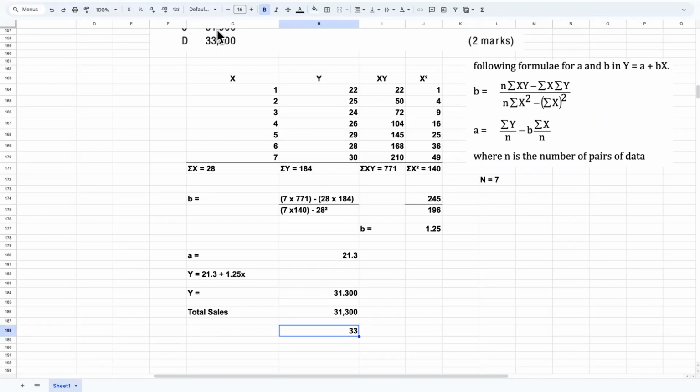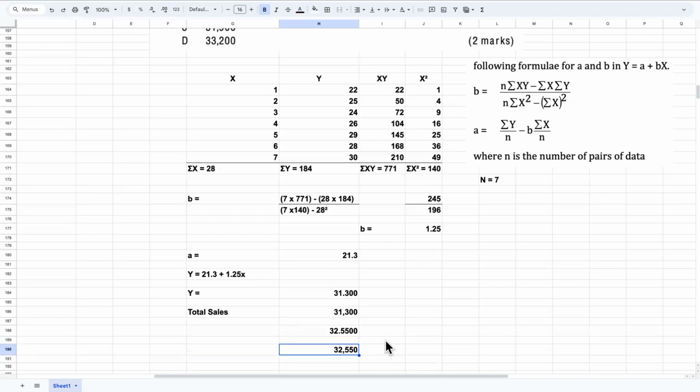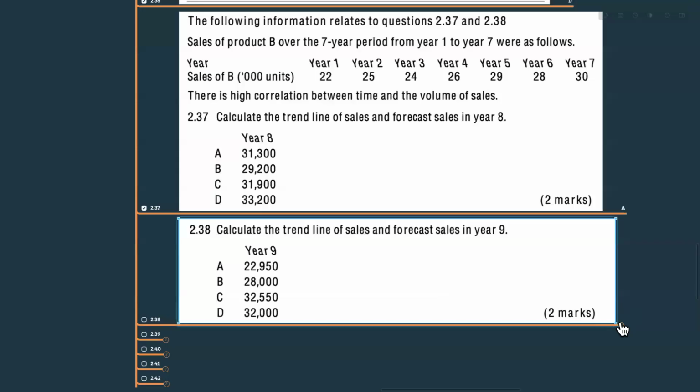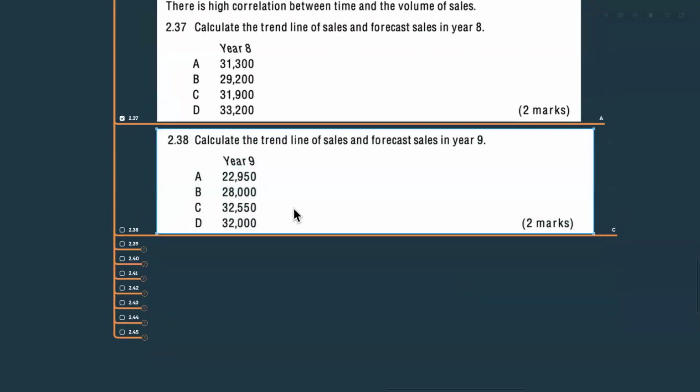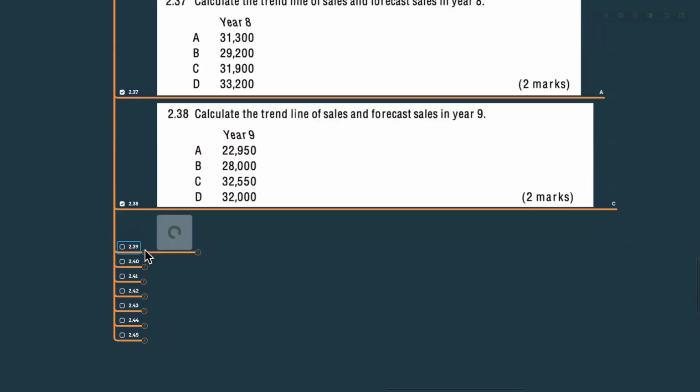Then we will get this number, right? 32.550 times 1000, 32,550. So the answer is going to be C. Using the same formula, the trend line, we can forecast for any years. So that is 2.38.